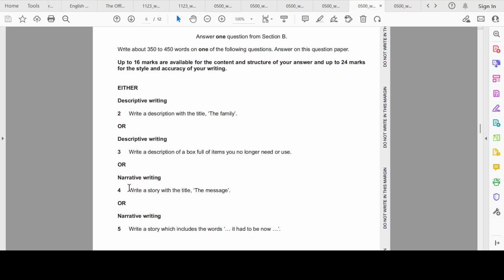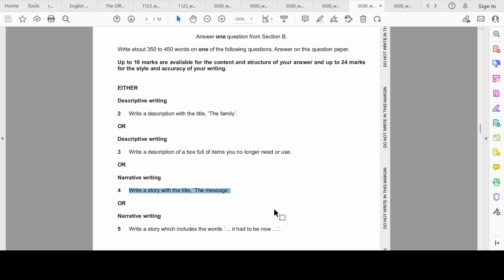Again, similarly, for narrative, write a story with the title, the message. So this kind of prompt is not given in O level, but again, as a narrative, you can attempt it, right? You could sort of rephrase this: write a story in which a message plays an important role. So that is the kind of prompt you would expect to get in 1123. So it sort of boils down to the same thing.